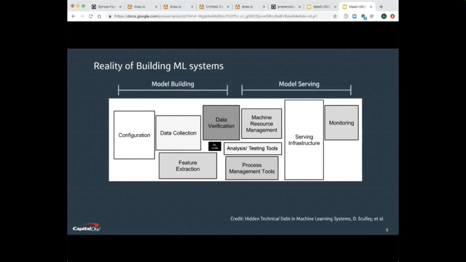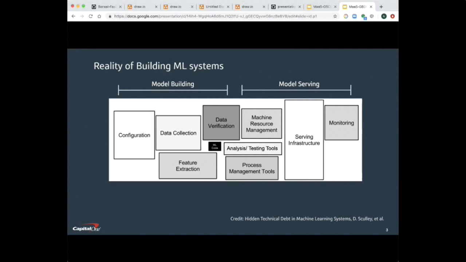So as you can see from this, model building takes up the majority of the whole cycle, and then model serving takes the other half. But even in model serving, the ML code right at the center is a very small portion when you compare it to the rest of the things. Because you need to figure out how you validate your model once it goes to production. How do you manage your resources to scale and take into account your business growth? What kind of tools would you use to do the analysis and testing of your model?